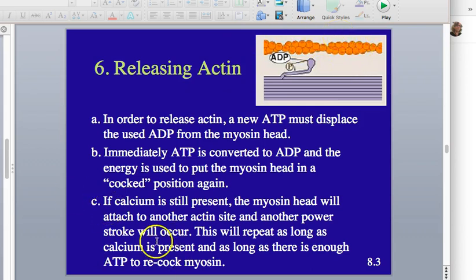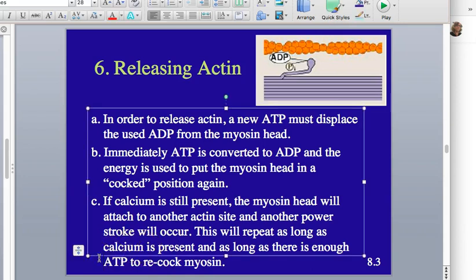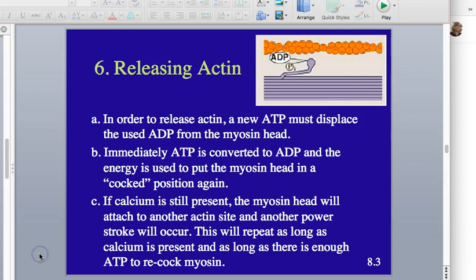So this is going to keep repeating as long as calcium is present and as long as there's enough ATP around to recock that myosin so it goes back into the cocked position. It's like cocking a gun and just waiting to pull the trigger. Every time you have a chance to cock the gun and then wait for action, you're going to do it.